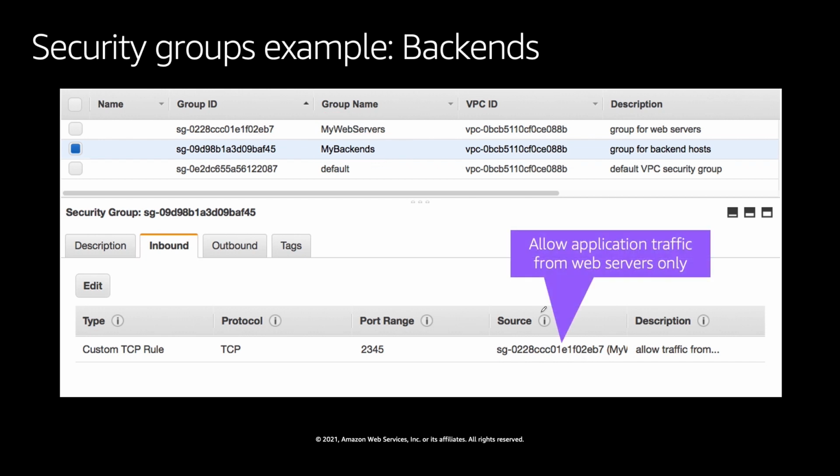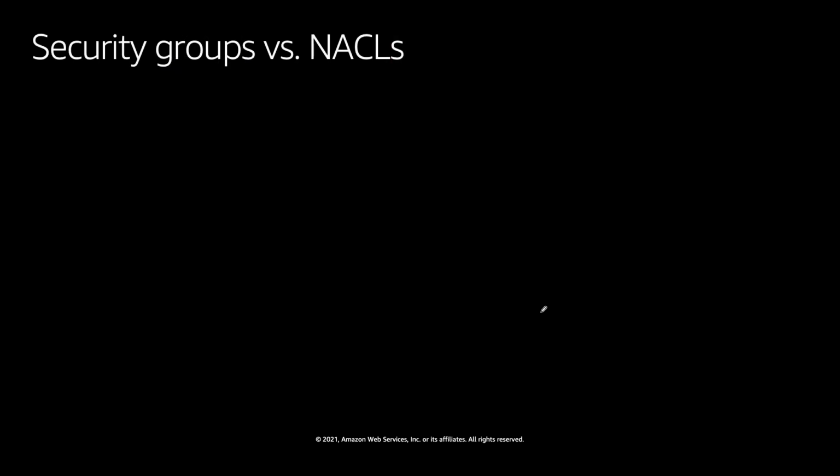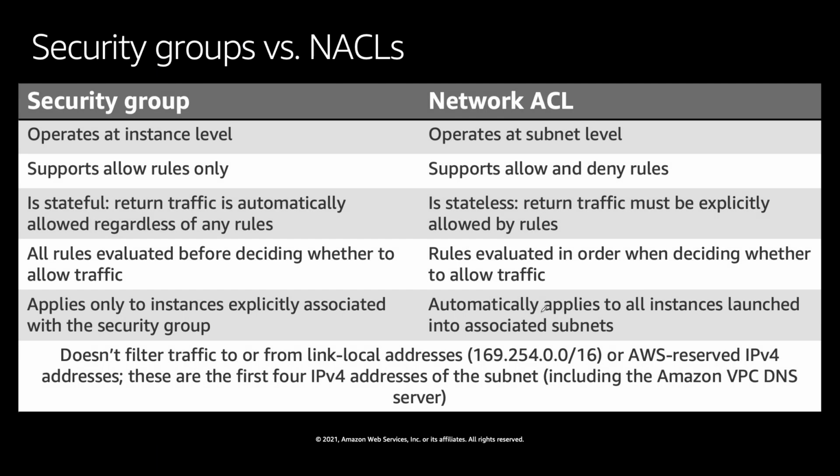All right, so we talked about security groups, and now we can talk about NACLs, or network ACLs. We are not going to go deep into NACL because it's a lower level construct, but we should know the basic differences between NACL and security group.